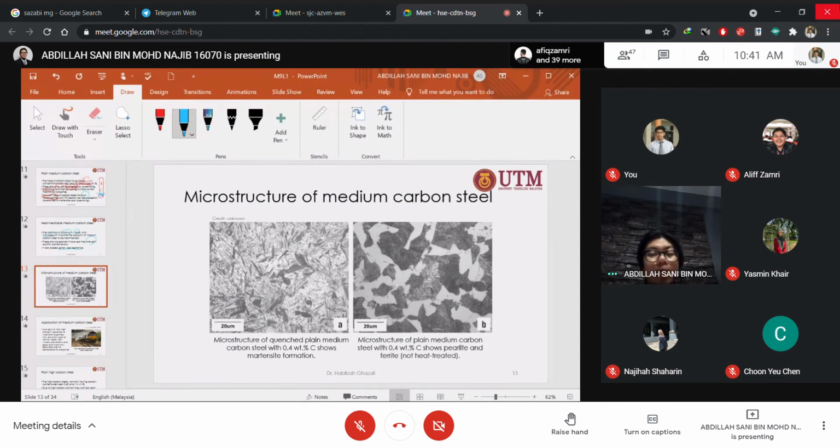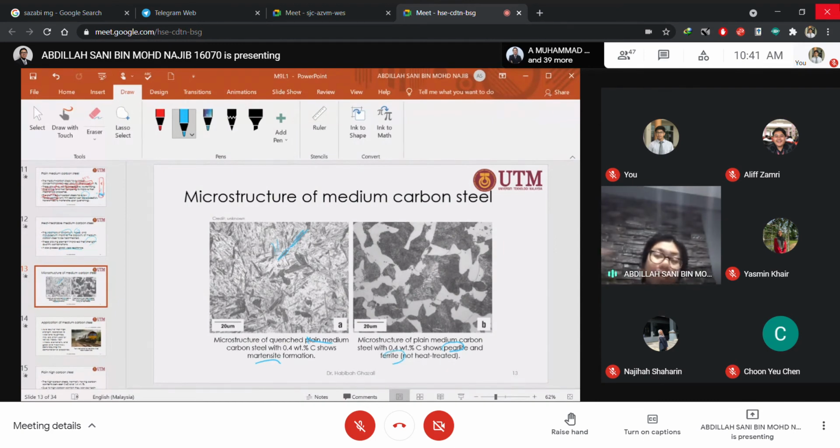So if we quench the plain one, you get this martensite formation. Martensite means this needle shape, all the needle shape is the martensite phase, right? And if we do slow cooling, we will have pearlite and ferrite.